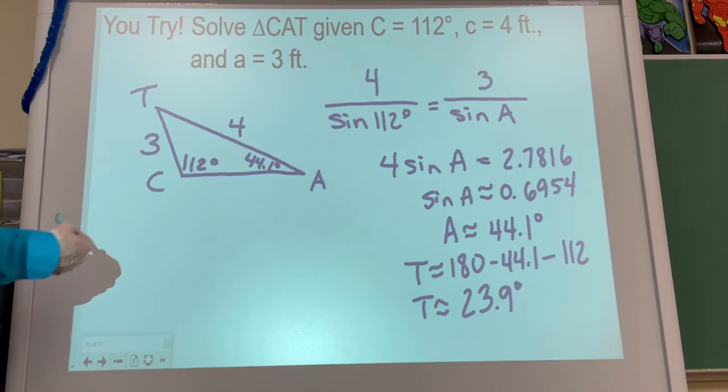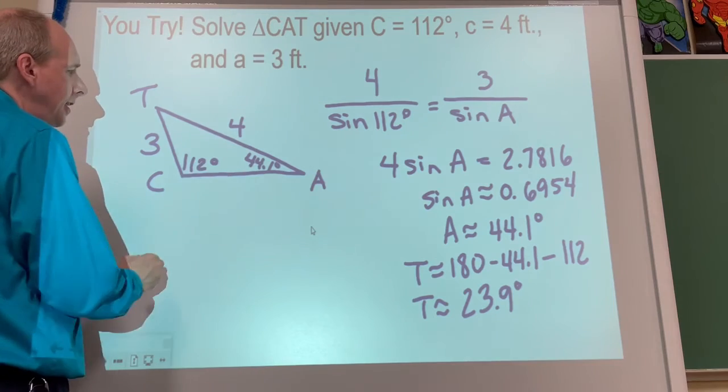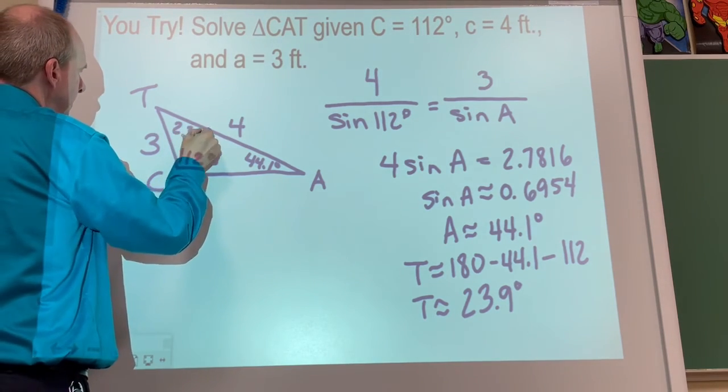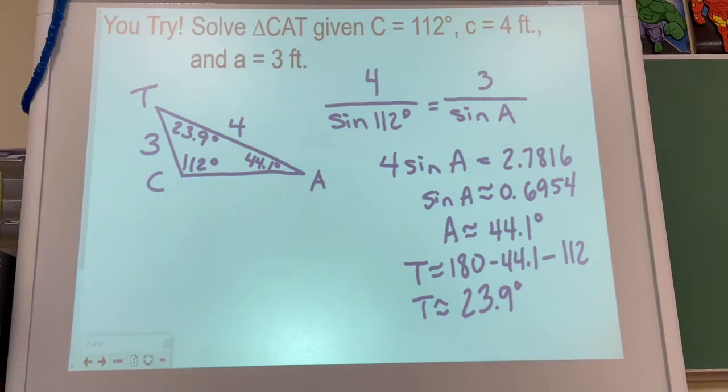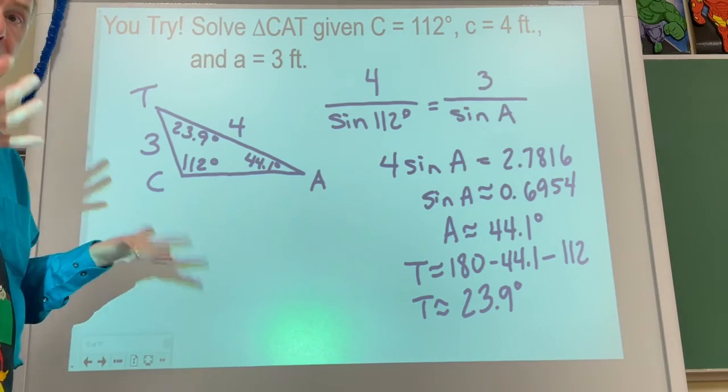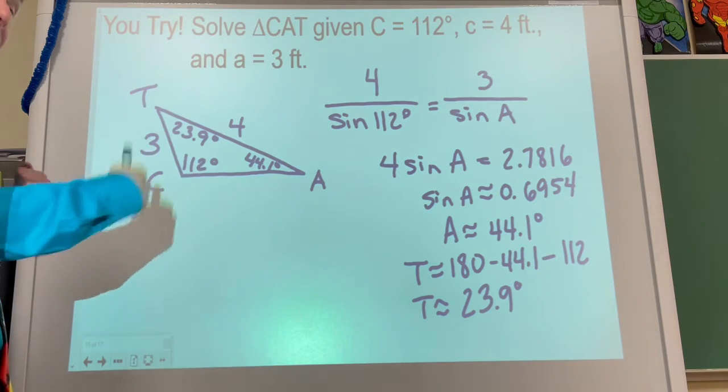All right, so we've got angle A and T that we found. If we're solving, we need all three angles and all three sides. We have 3 angles and 2 sides.